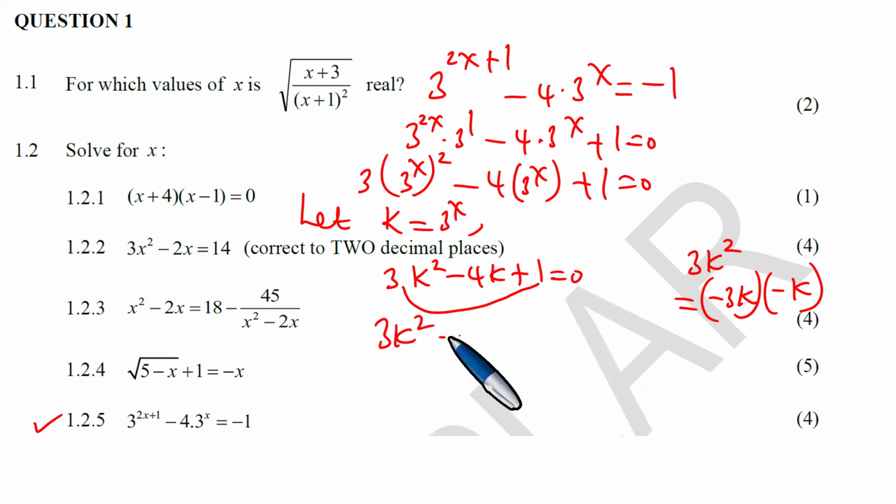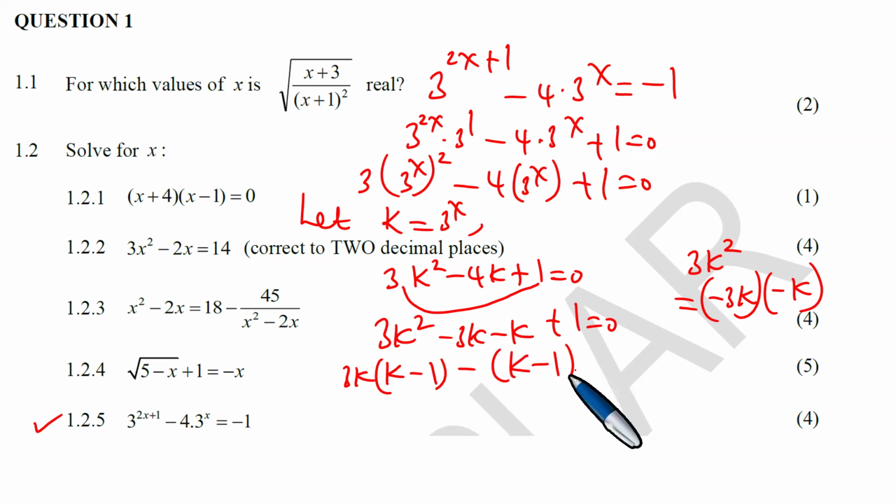We have 3k squared minus 3k minus k plus 1 equals 0. We have 3k times (k minus 1) minus (k minus 1) equals 0. We took out the highest common factor from the first two terms.